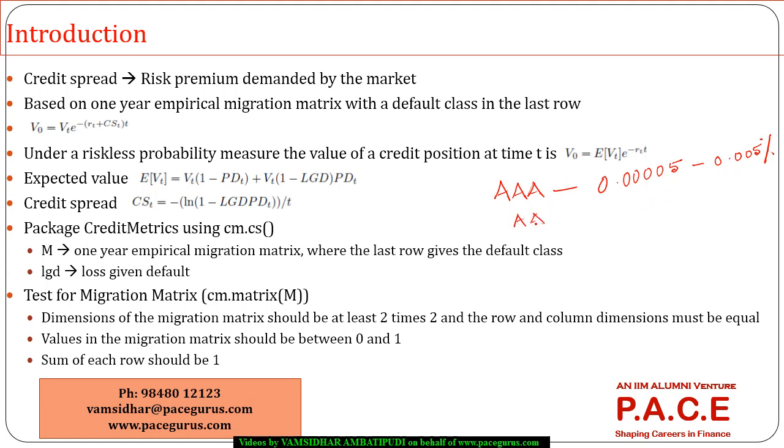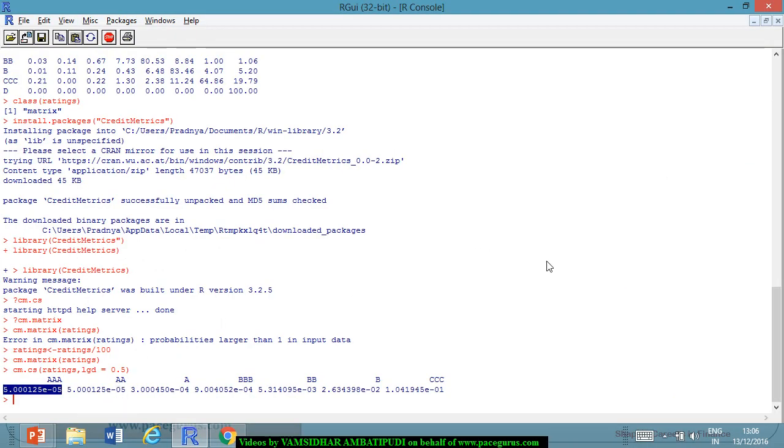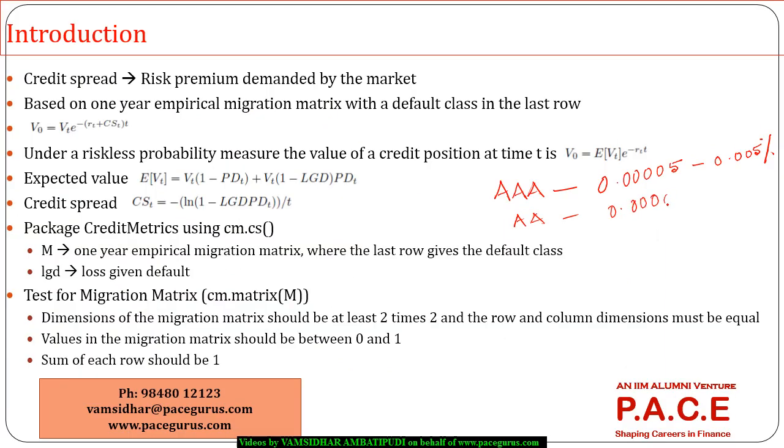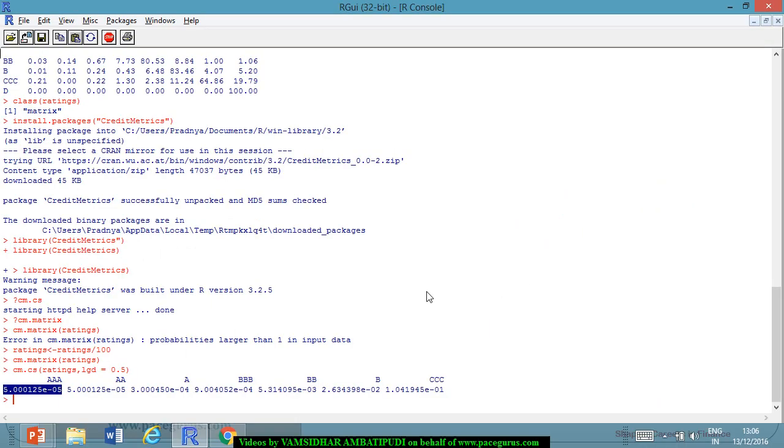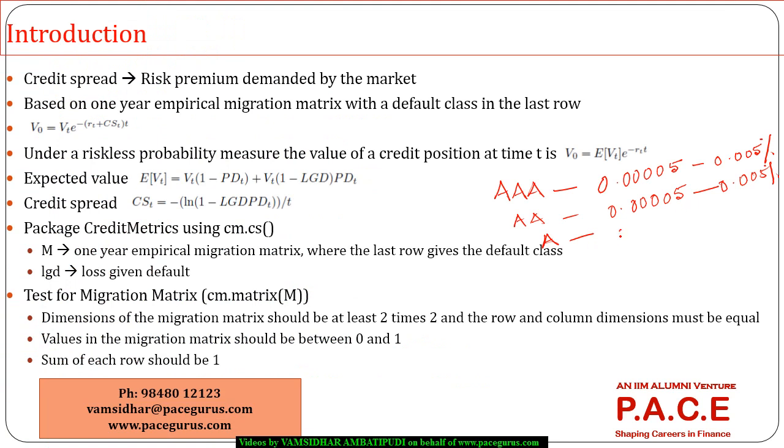The same goes for AA. For 1 year, I don't see a big difference between these two. The credit spread is more or less similar, 0.005% for AAA and AA. But when I go to A, it is 3 into 10 to the power of minus 4, 0.0003, which is 0.03% credit spread charged for an A-rated security.